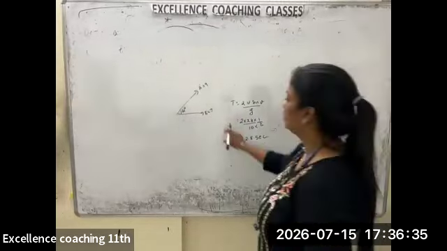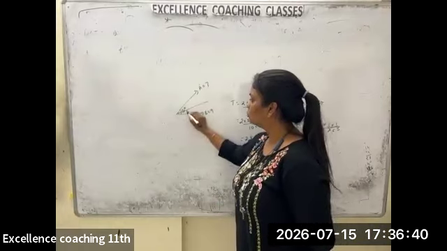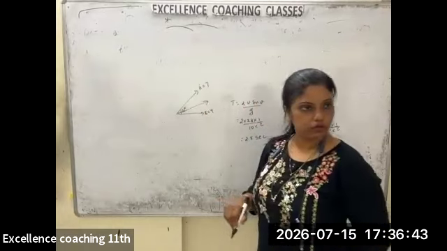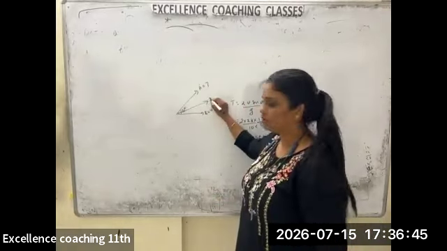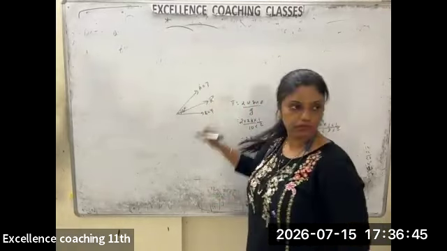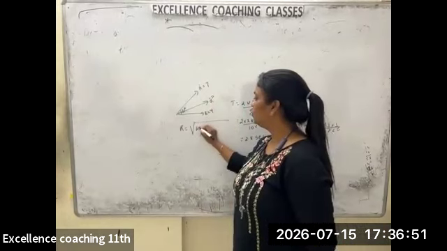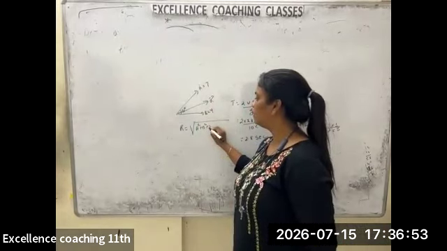So the resultant will come here, no? Yes or no? So what is the formula to find the resultant? Root of a square plus b square plus 2ab cos theta. Which is your theta here?